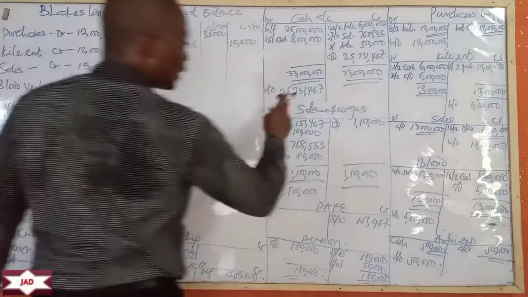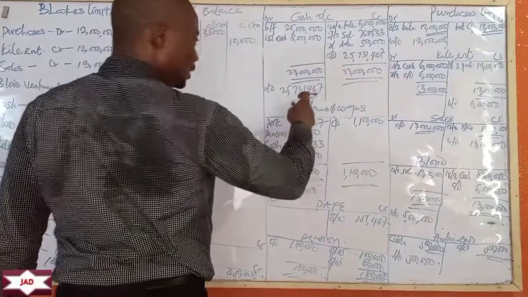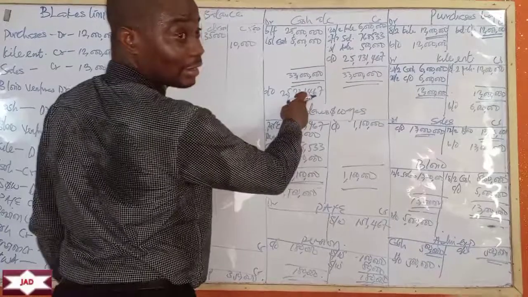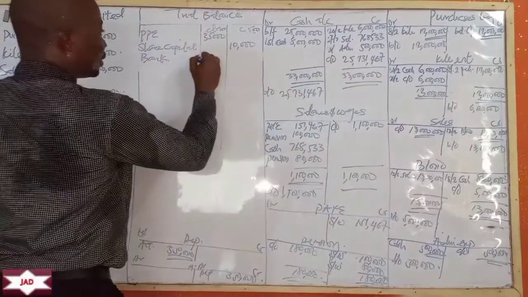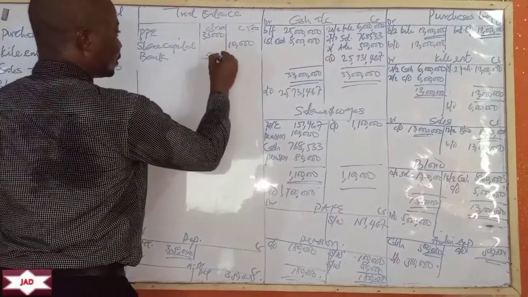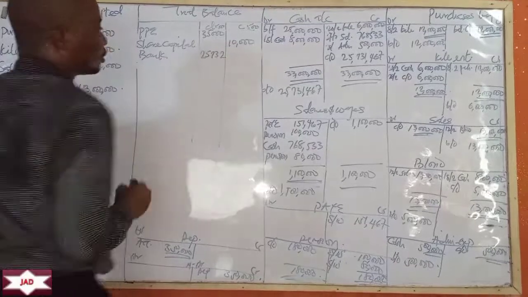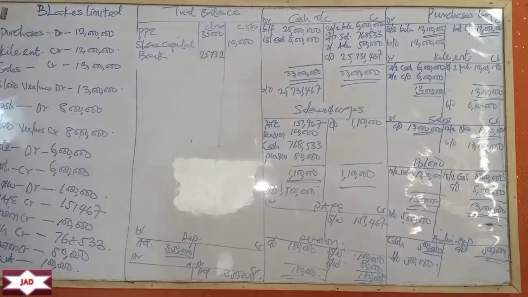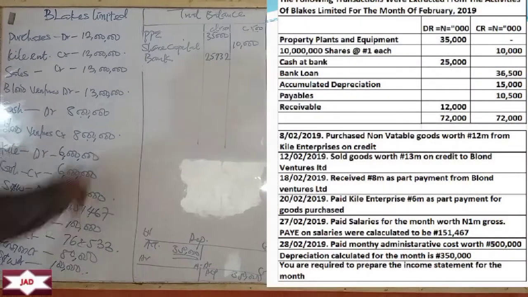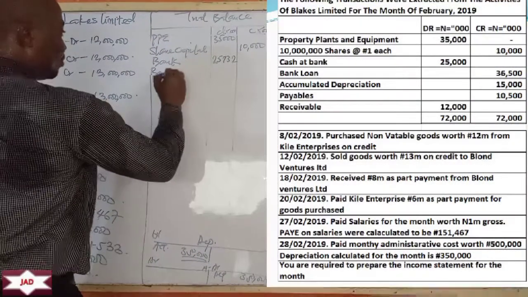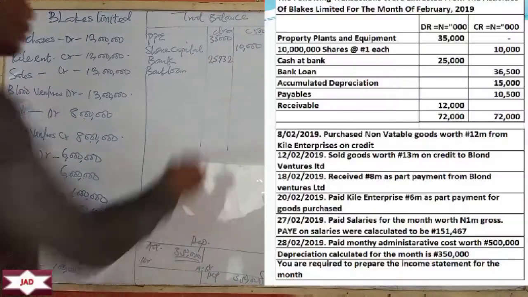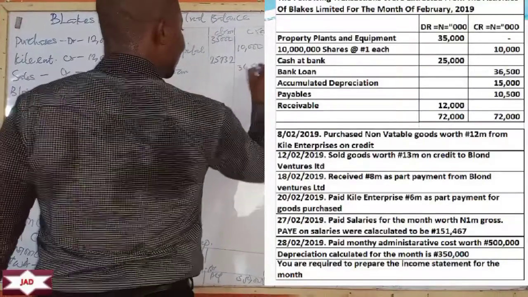So we have 25,731 point 5, so it can be 25,732, right? So cash should be 25,732. Okay? All the thousands up there. What's the next one there? Bank loan. There's nothing on bank loan, so we can just take it straight up. Bank loan is what? 36,500.